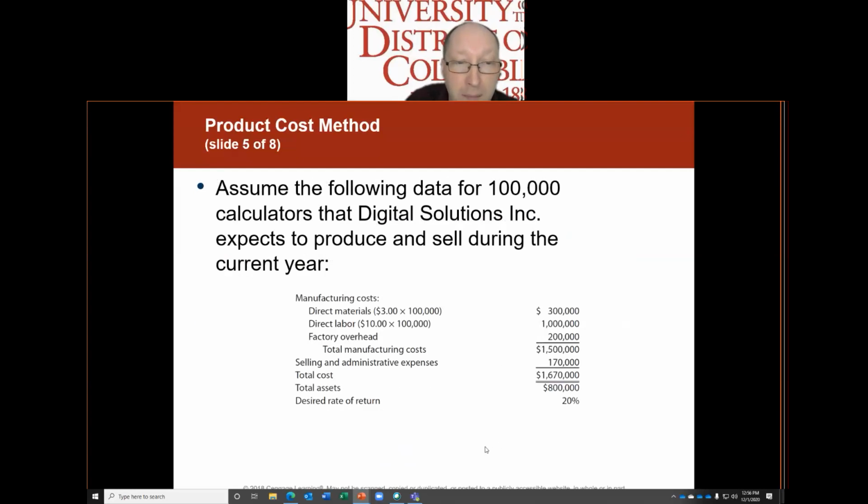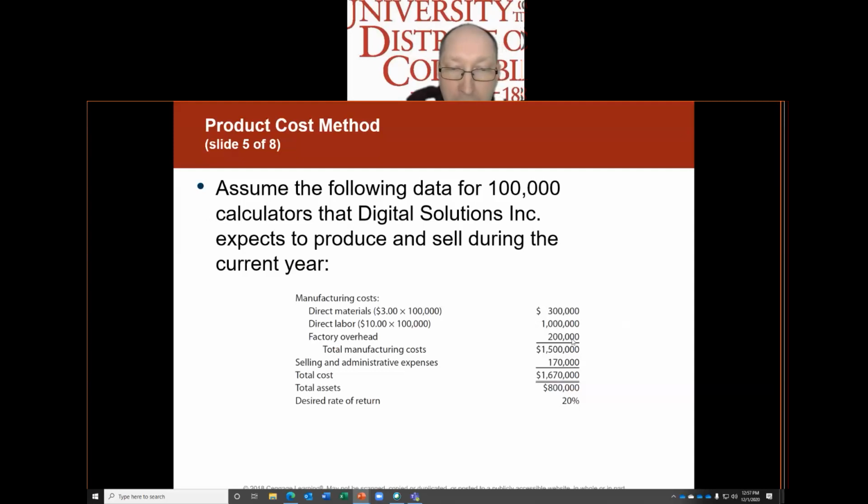So in this example, we have a product, calculators. We're going to sell 100,000 of them. Direct materials, $3. Direct labor, $10. Times 100,000, that's 300,000, that's $1 million.